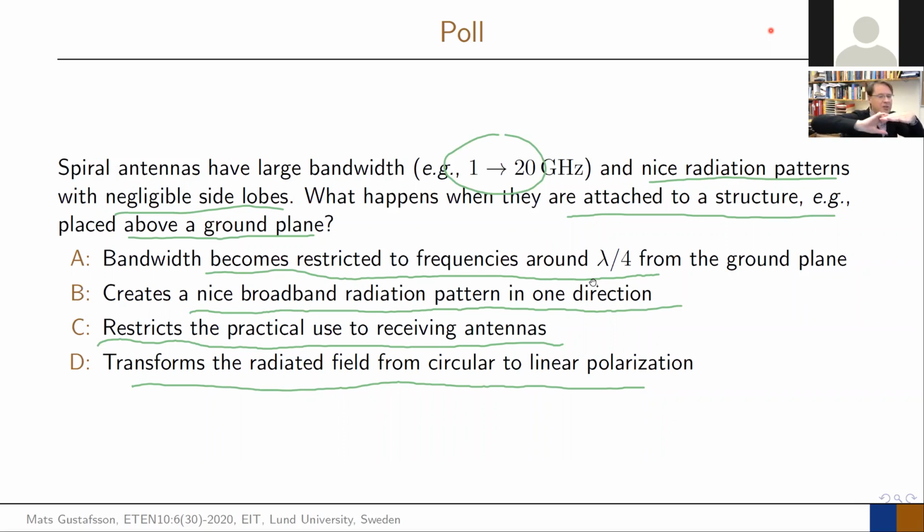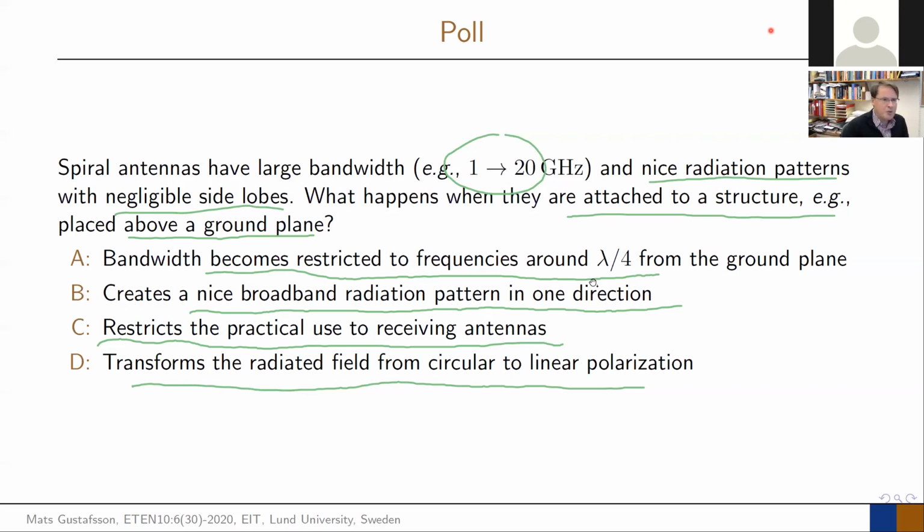And you only get constructive interference when the ground plane is at the right distance from your antenna. And if you were transmitting from 1 to 20 gigahertz, you had wavelengths between 30 centimeters and, in this case, 1.5 centimeters. But you can only have the ground plane basically at a quarter of a wavelength. So all your bandwidth will be lost, which means it's very hard to attach it to something.